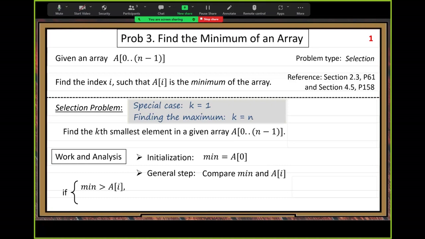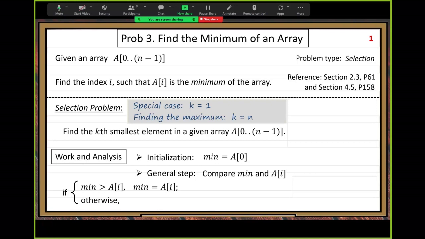That means we can replace the value stored in main by the current element. After the replacement, the value stored in this main variable would be smaller.